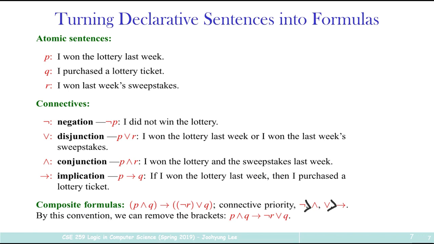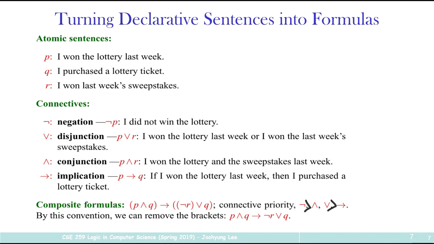After this, you can build many other more composite formulas. So P and Q implies not R or Q. What does that mean? If I won the lottery last week and purchased a lottery ticket, then either or both: I did not win last week's sweepstakes, or I purchased a lottery ticket.